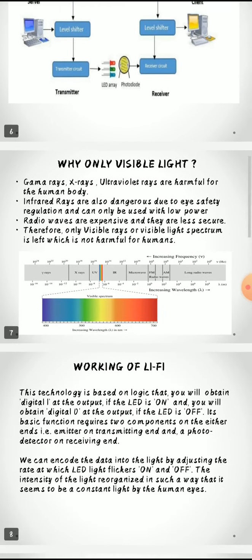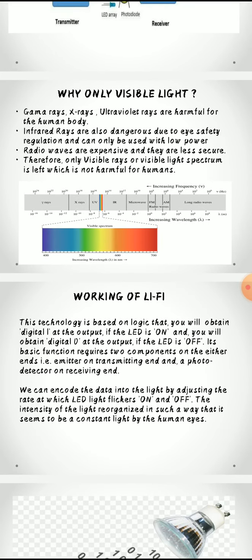In Li-Fi data transmission, we generally use visible light. So why are we using visible light, not other parts of the light spectrum? As we know, gamma rays, X-rays and ultraviolet rays are harmful for the human body, and infrared rays are also dangerous due to eye safety regulations and can only be used with lower power.